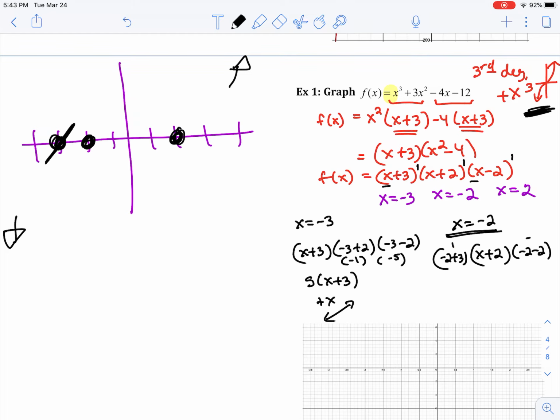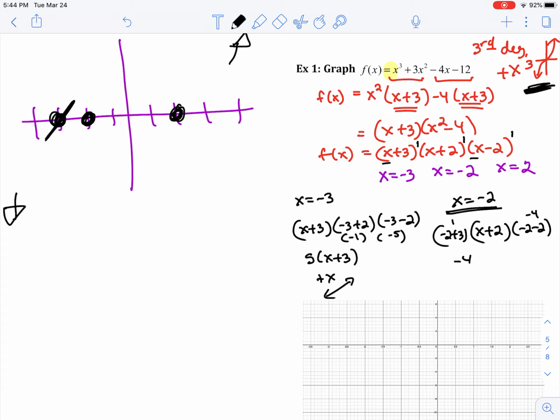Here I get a 1, here I get a -4, and 1 times -4 gives -4 times x plus 2. That is just an equation of a negative slope line, and we know negative slope lines slant down from left to right. So as we approach -2, we should have this negative slope line behavior.